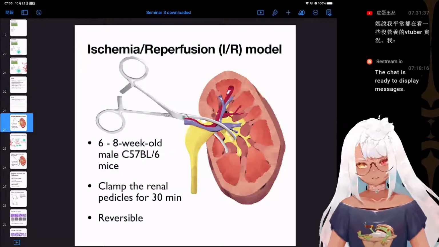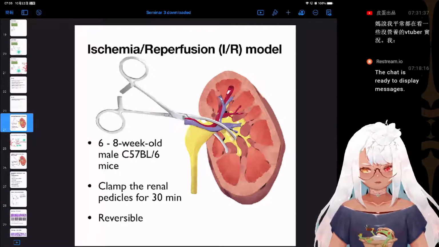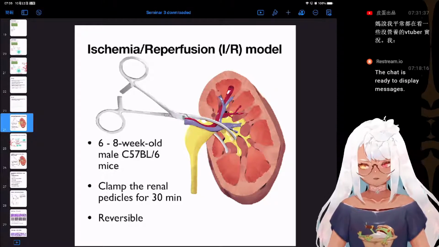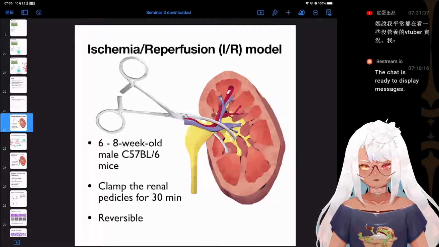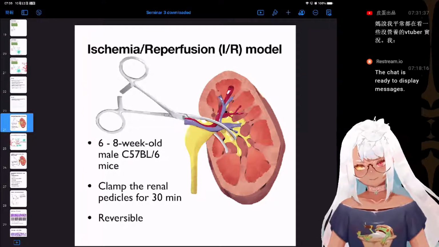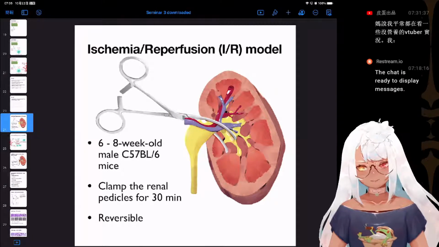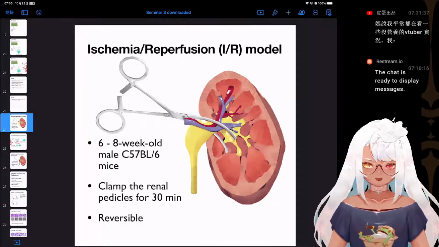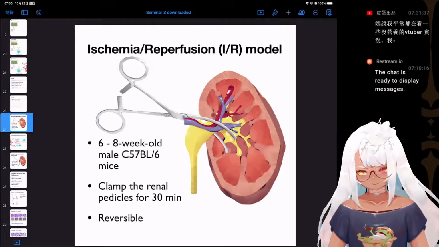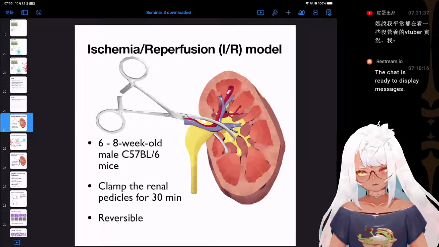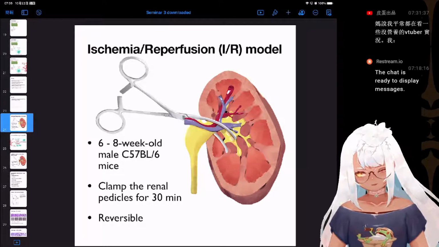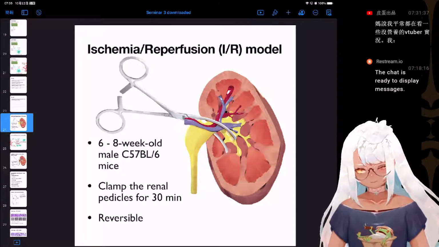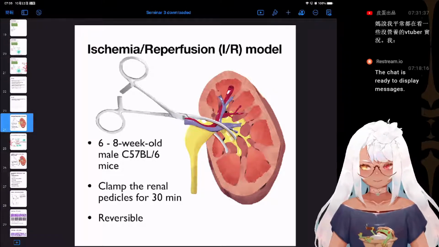They use 2 models to examine this phenomenon. The first model is ischemia reperfusion, also called the IR model. Ischemia is the insufficiency of blood, and reperfusion is the coming back of the blood. The mice used in this model are 6 to 8 week old male C57BL/6 mice.